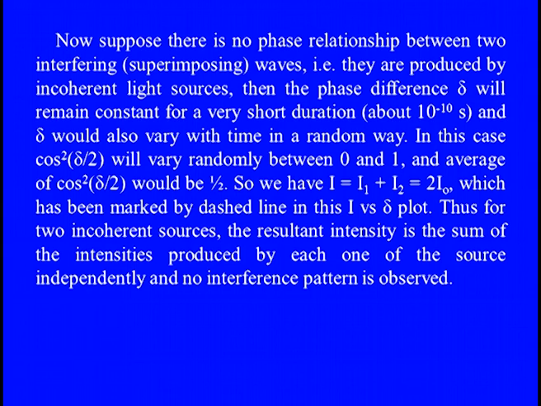So, we have resultant intensity I equal to I1 plus I2 equal to 2 I naught, which has been marked by the dashed line in this I versus delta plot. Thus, for two incoherent sources, the resultant intensity is the sum of the intensities produced by each source independently, and no interference pattern is observed.